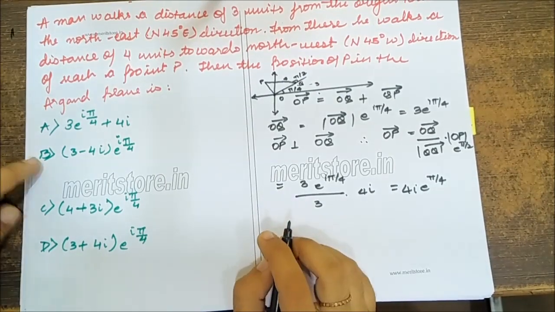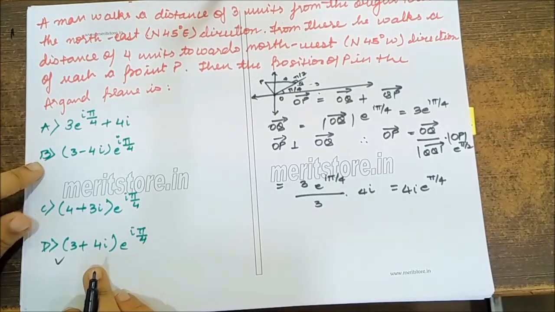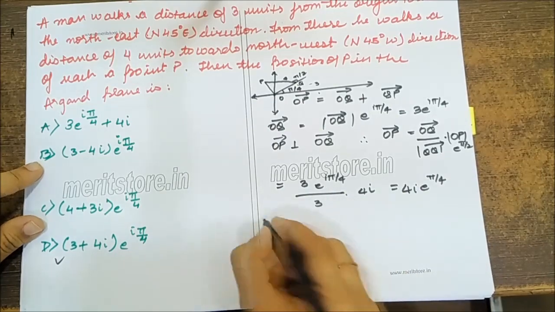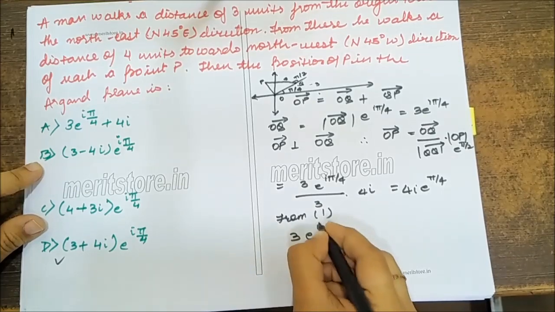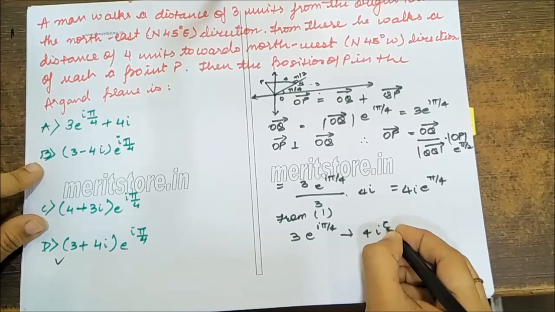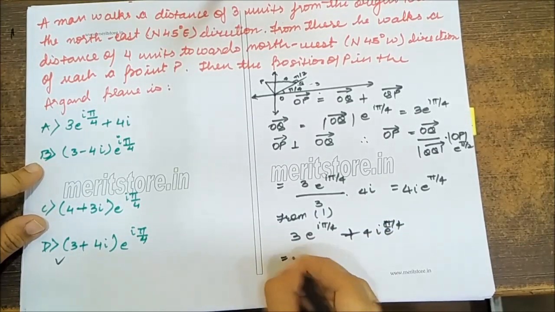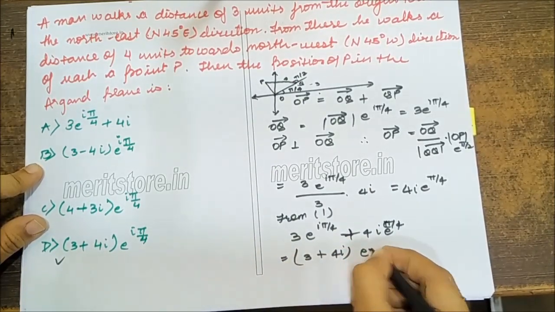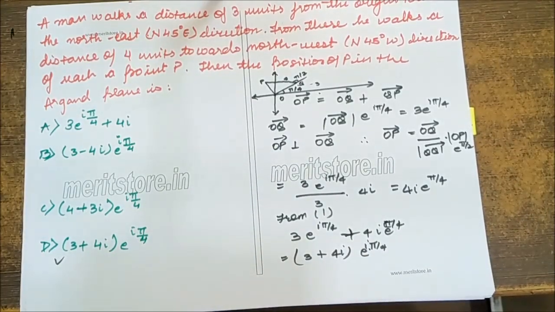So the answer is D, (3 plus 4i) e^(i pi/4), because from 1, 3 e^(i pi/4) plus 4i e^(i pi/4) is equal to (3 plus 4i) e^(i pi/4).